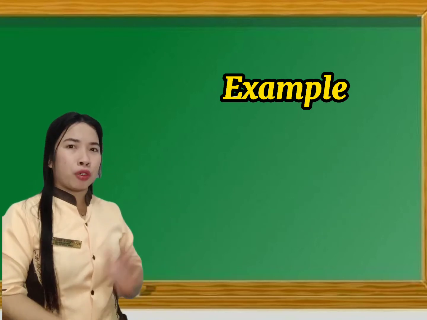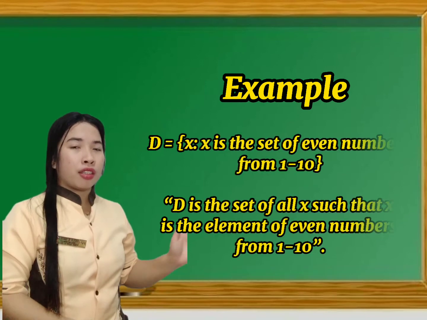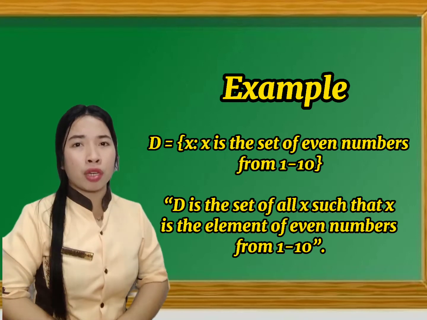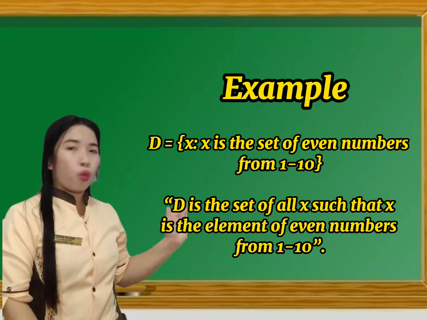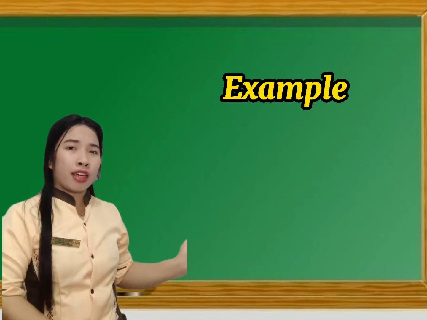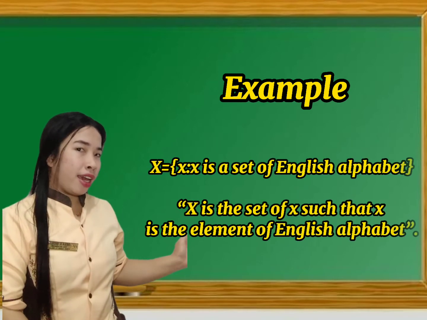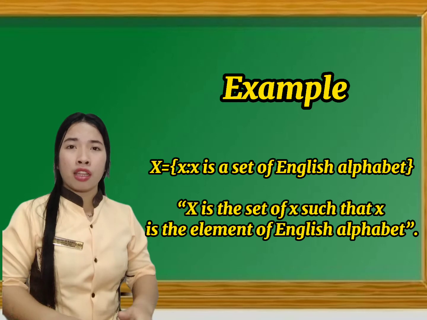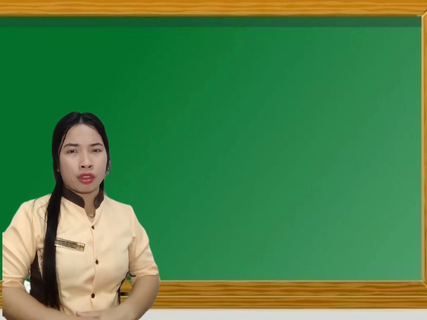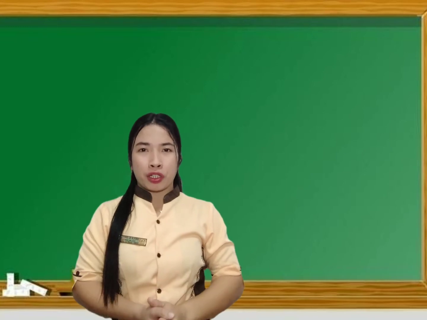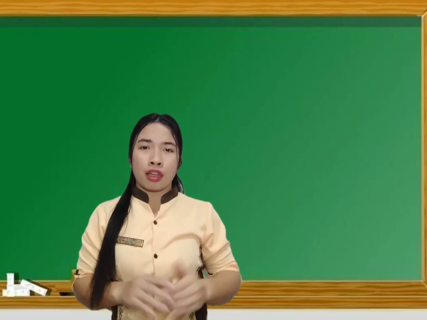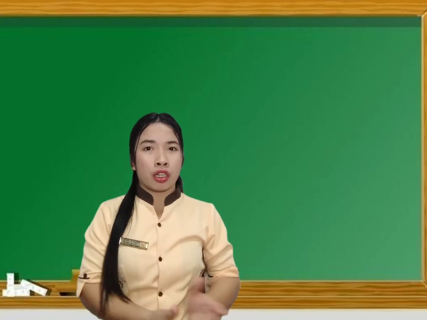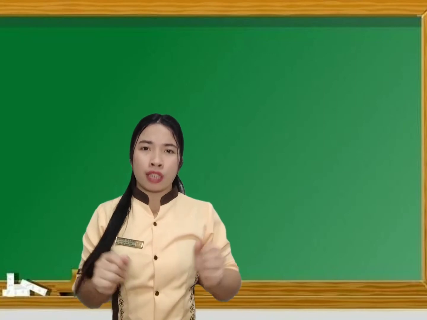Next example, this one. This is the set of all X such that X is an element of even numbers from 1 to 10. The next example, X is the set of all X such that X is an element of English alphabet. We should describe a certain property which all the elements of the set have in common so that we can know whether a particular thing belongs to the set.